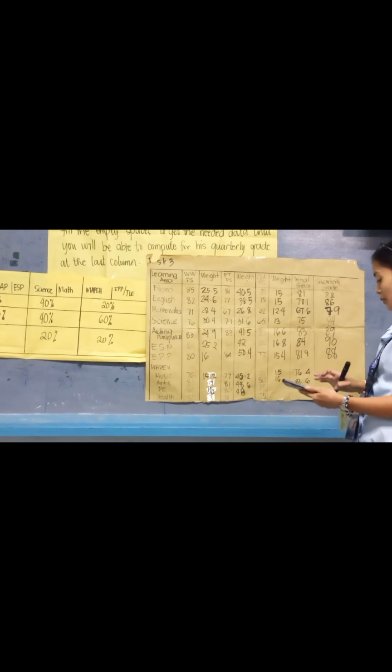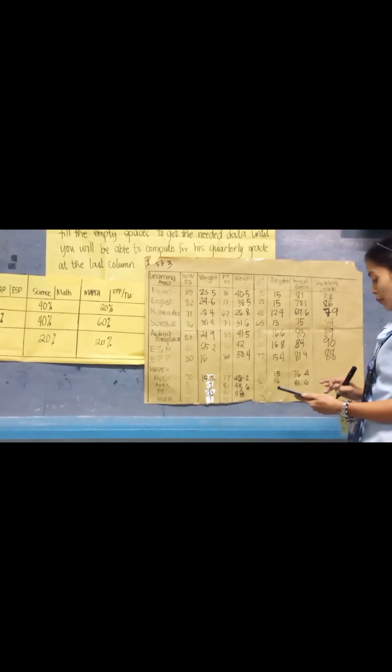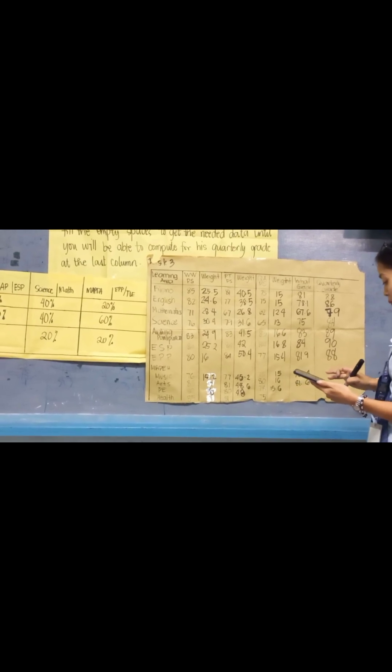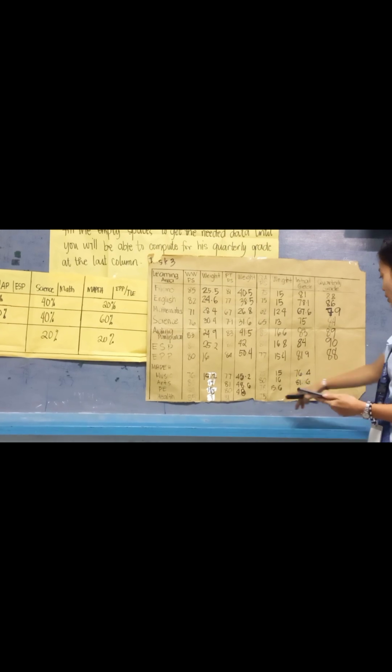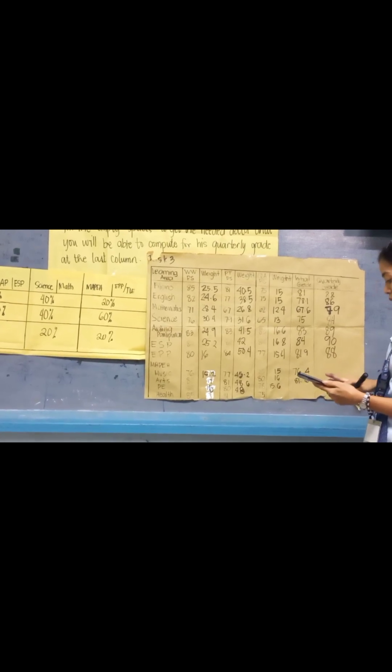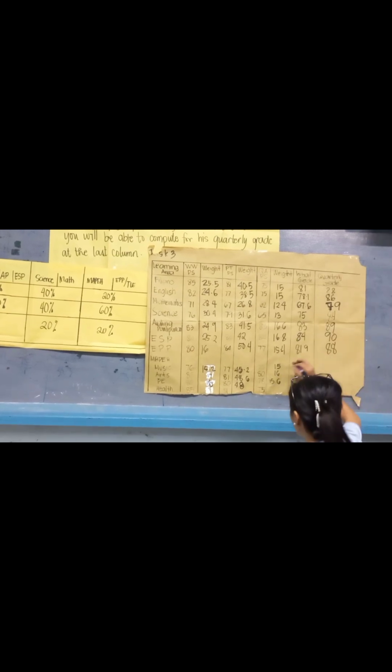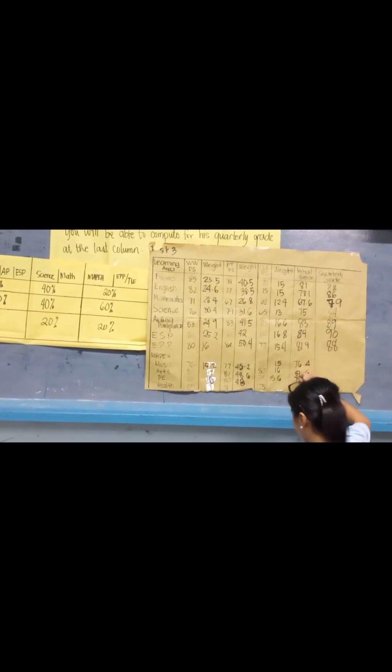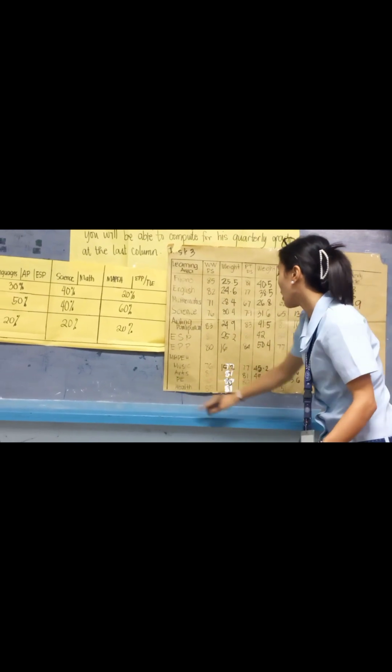So 78 times 0.20 is 15.6. We're going to add all the weighted scores. So 16 plus 48 plus 15.6. So we have here 79.6.